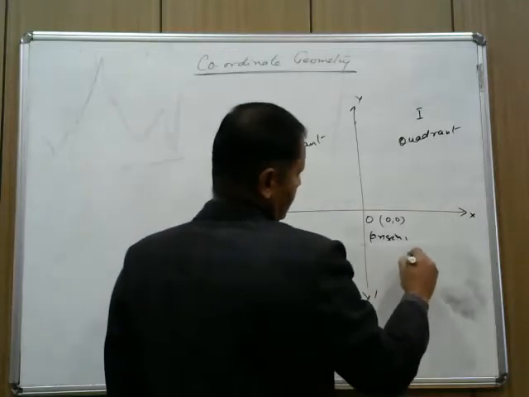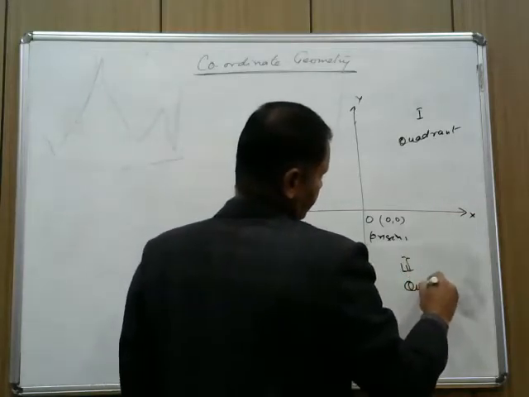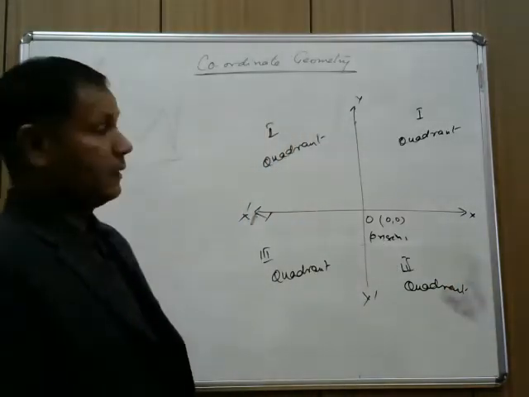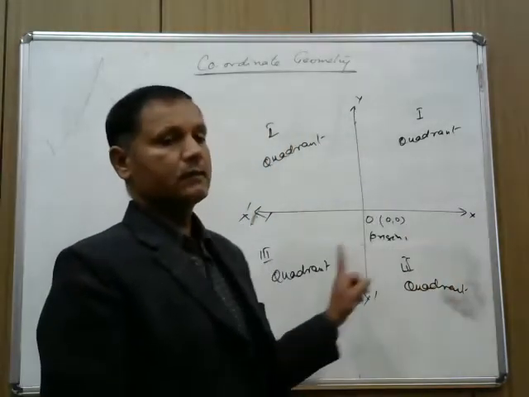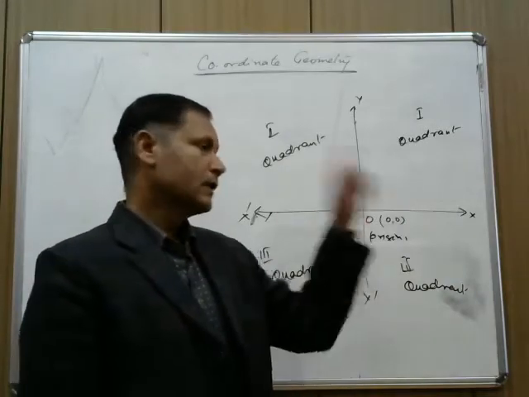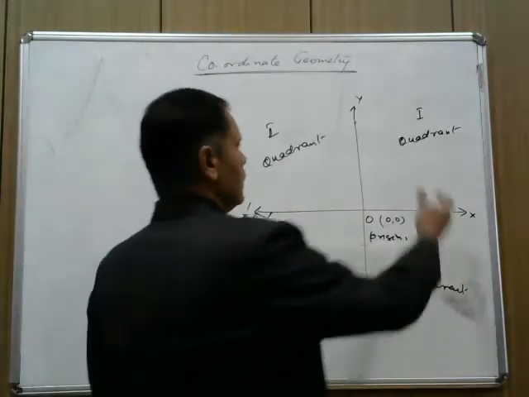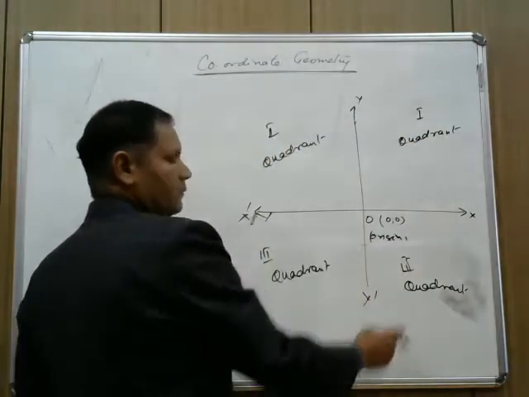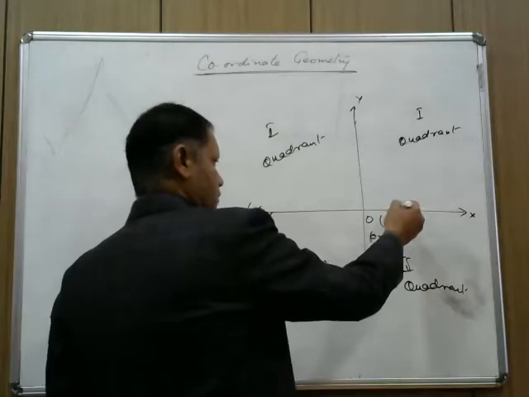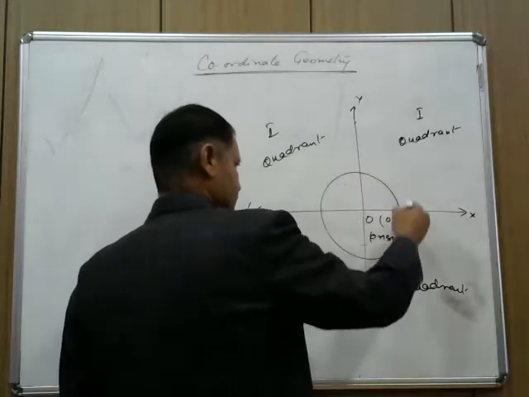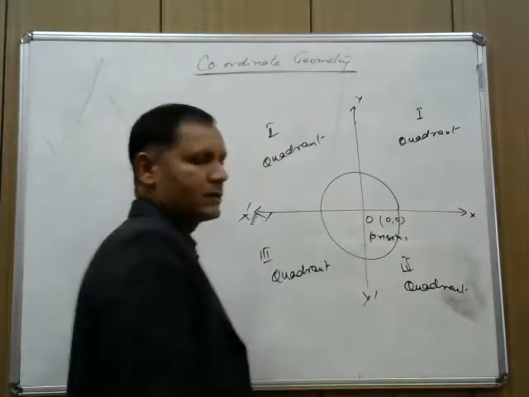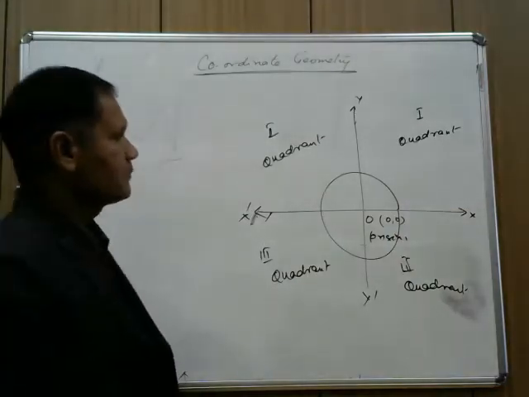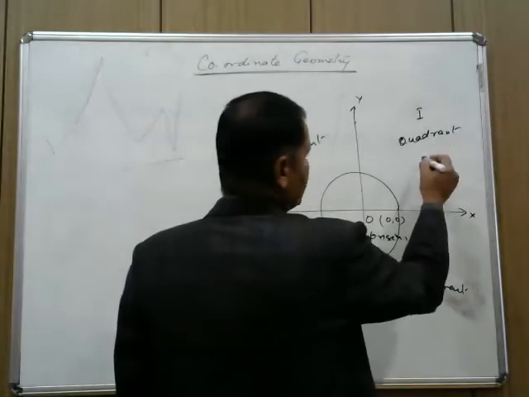This is known as the fourth quadrant. I cannot go like this: first, second, third and fourth. Make sure going from right to left, first quadrant, second quadrant, third quadrant and fourth quadrant, in this direction. In which direction is it? Anti-clockwise direction.